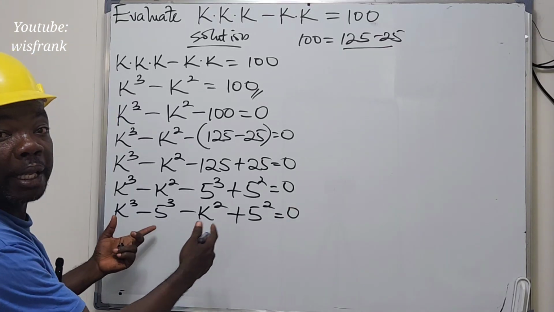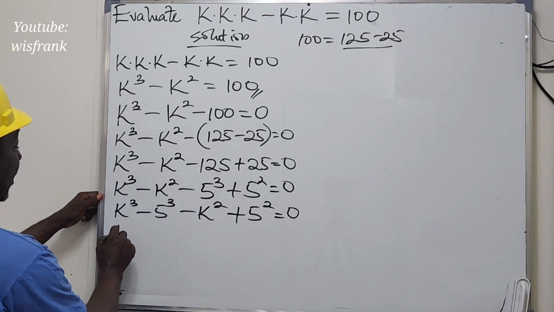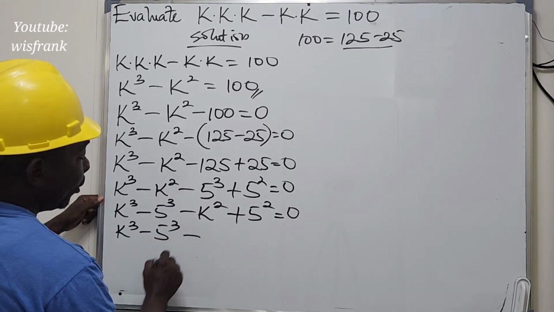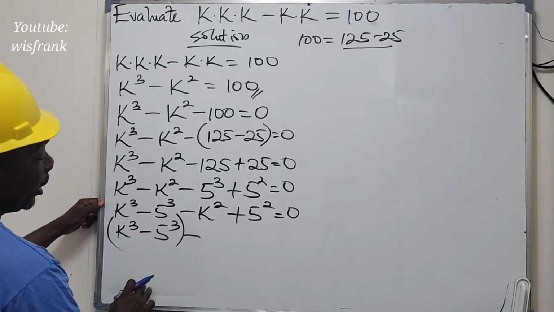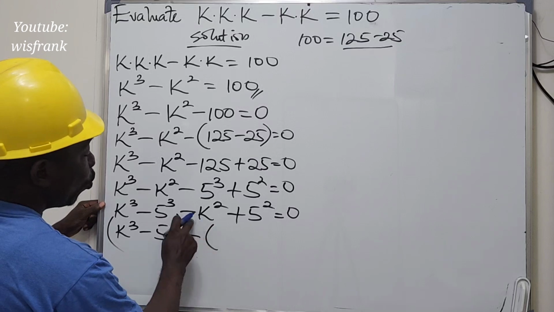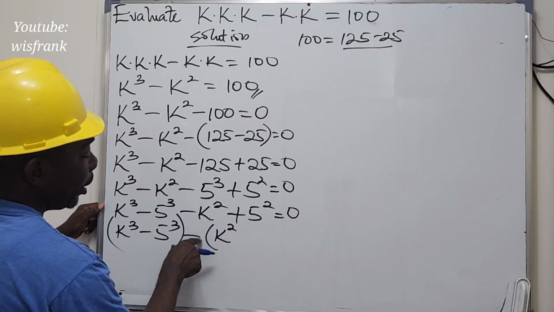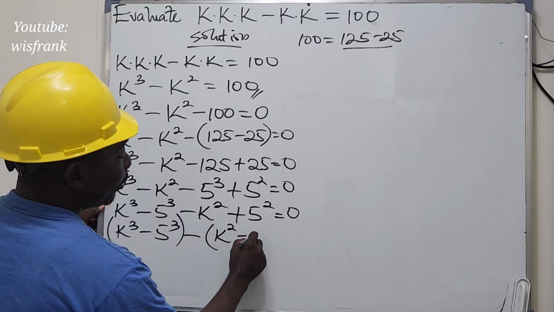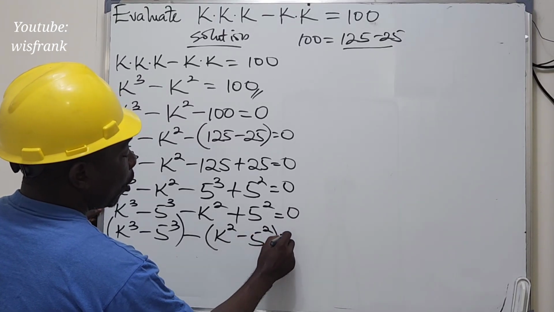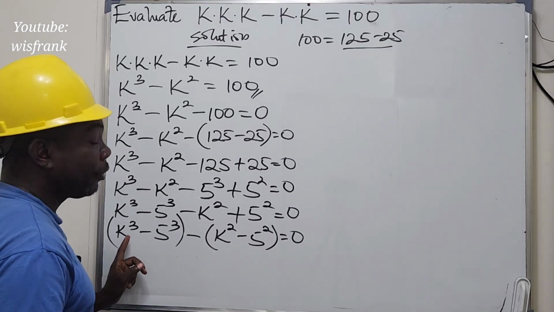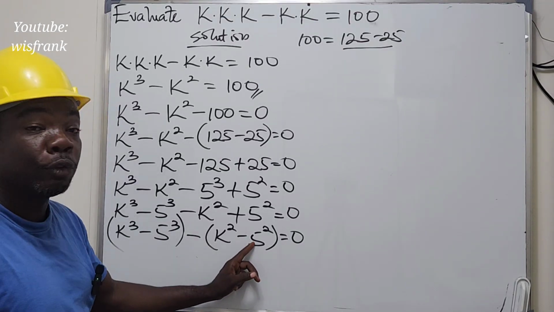We can separate this. So this can be written as k to the power of 3 minus 5 to the power of 3, minus, in a parenthesis, k to the power of 2 minus 5 to the power of 2, all equals 0. In this case, we can see that we have a difference of two cubes here and a difference of two squares here.